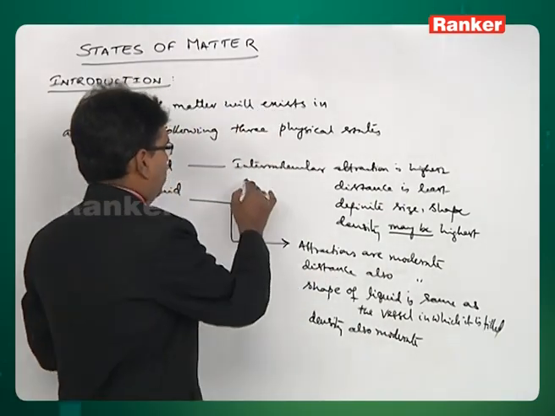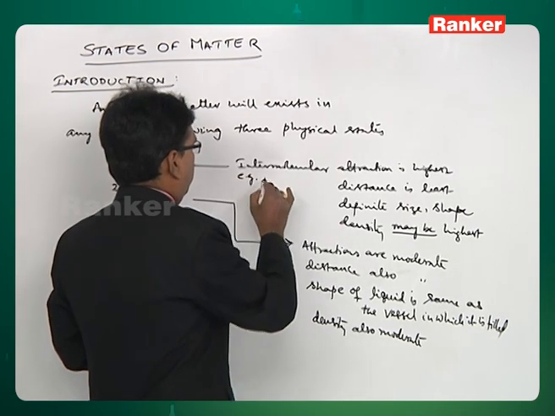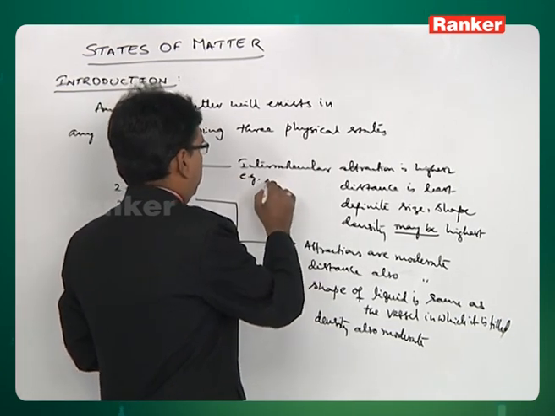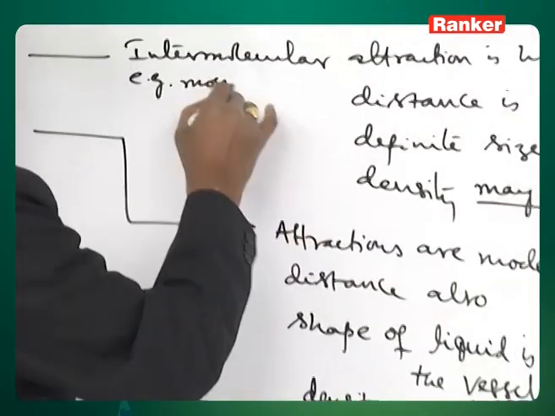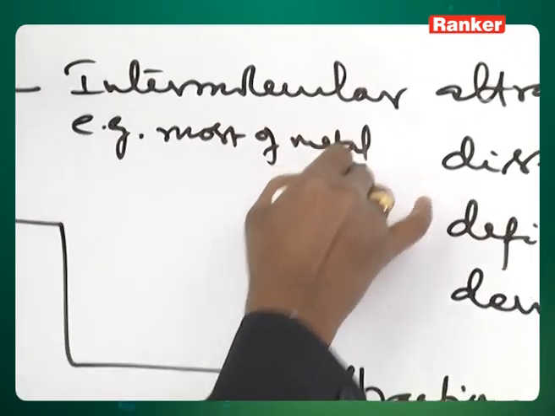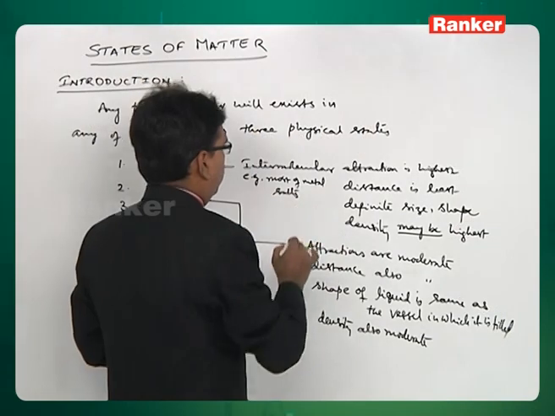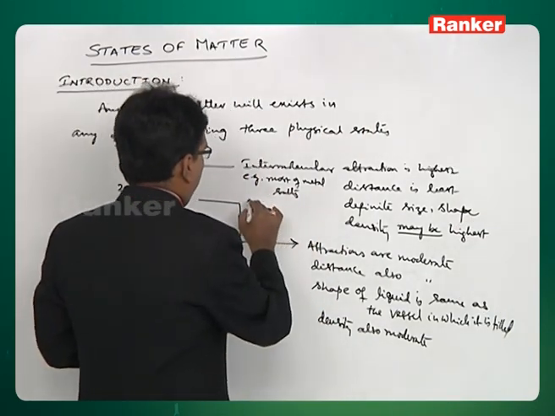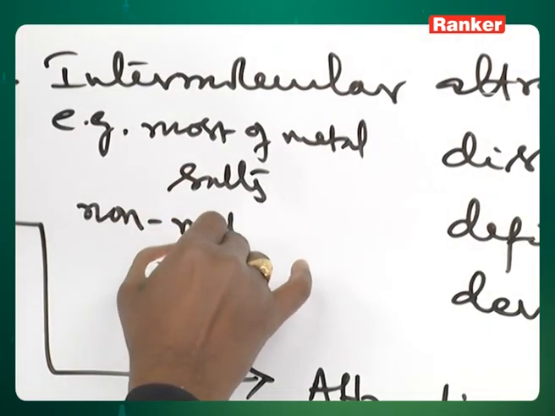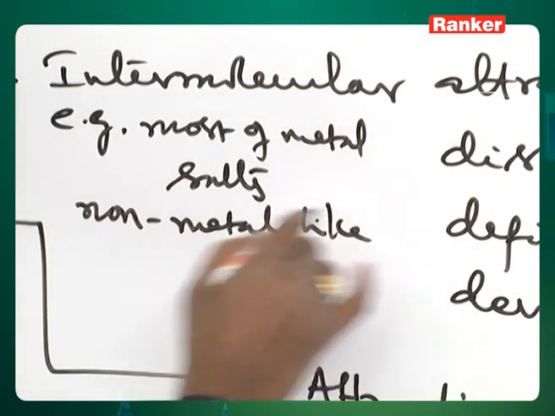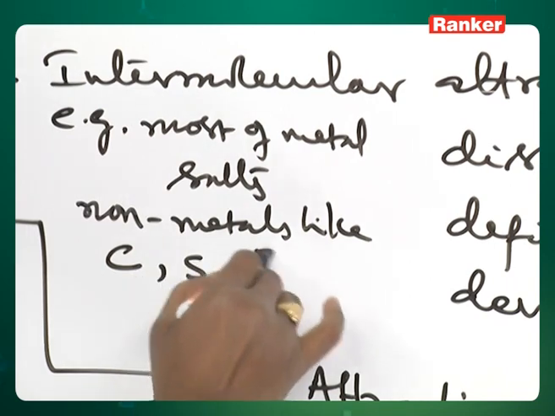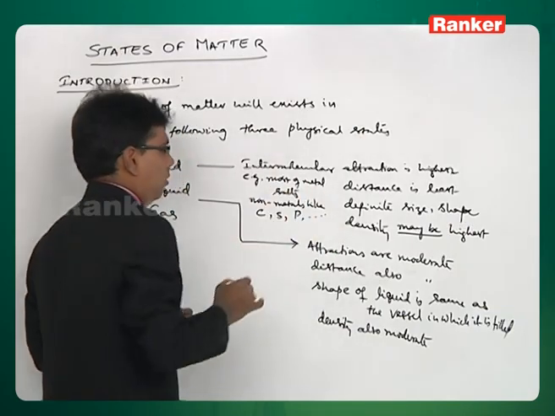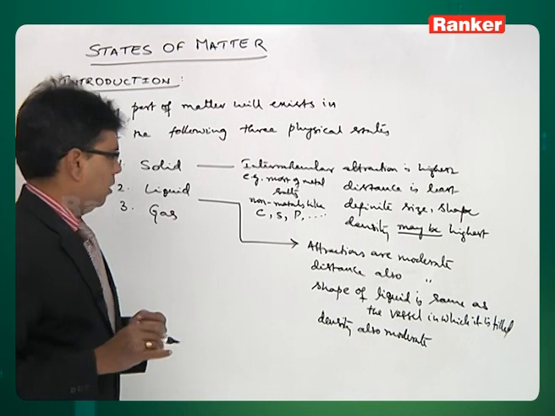Solid examples, you know very well: most of the metals, salts, and even some non-metals like carbon, sulfur, phosphorus. These are all the examples.